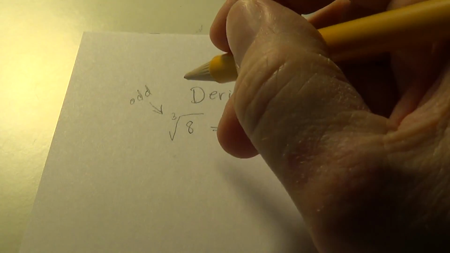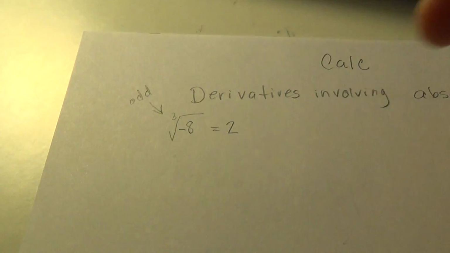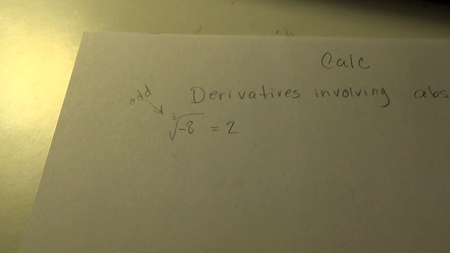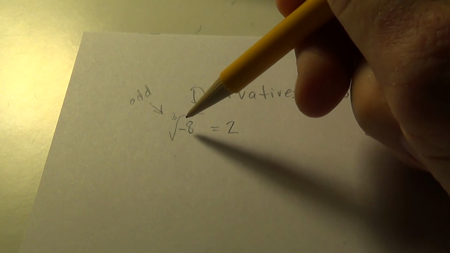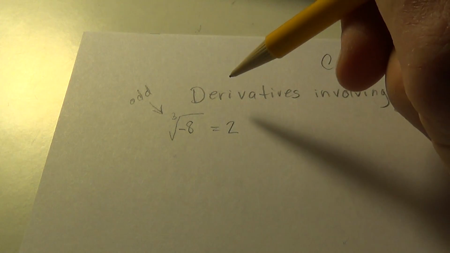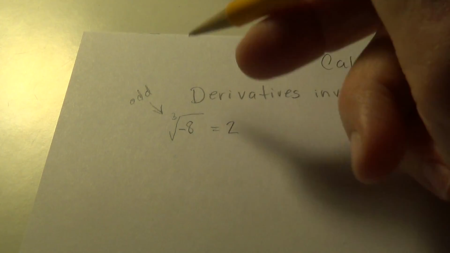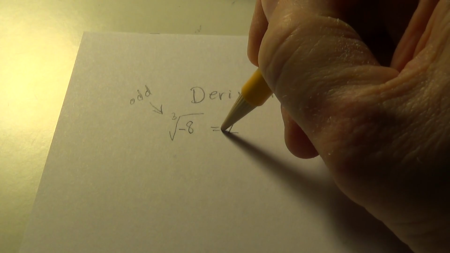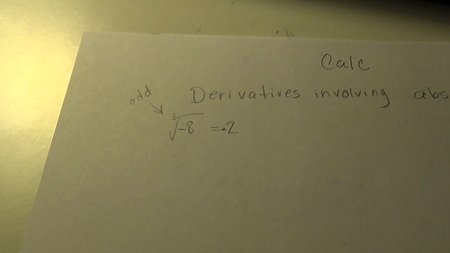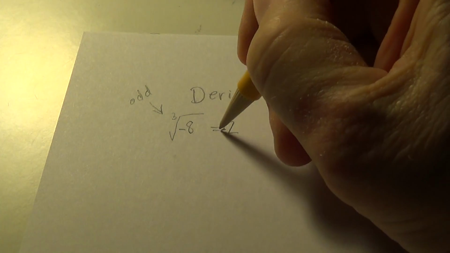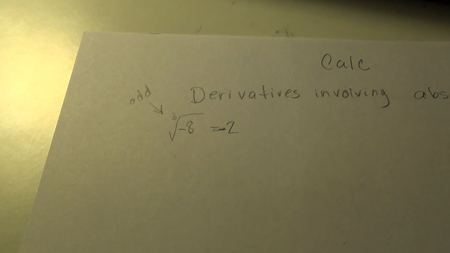And if we put in a negative 8, it has no ambiguity, because there is a number that, used as a factor 3 times, will give you minus 8. That's negative 2, because negative 2 times negative 2 times negative 2 is negative 8. So when the root is odd, we're fine.